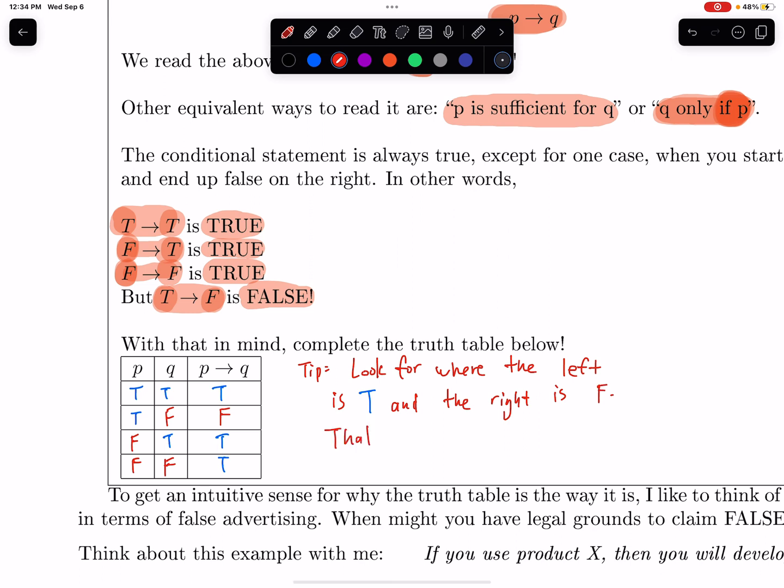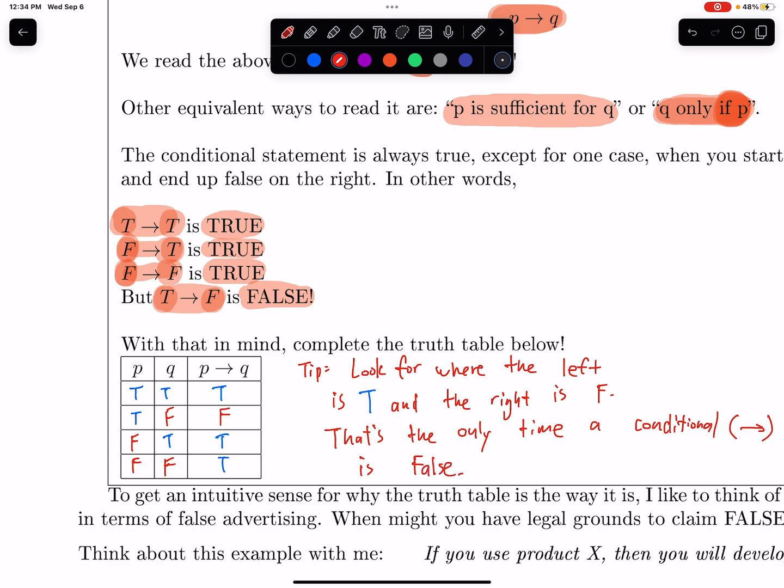That's when it's false. That's the only time a conditional, and conditional is that arrow symbol, is false.